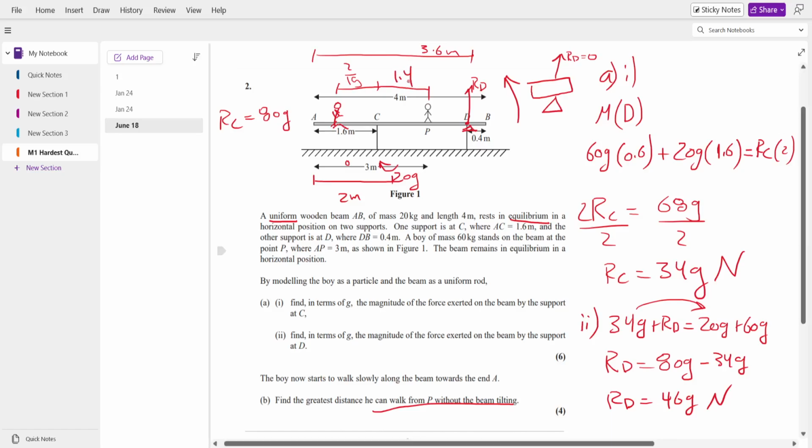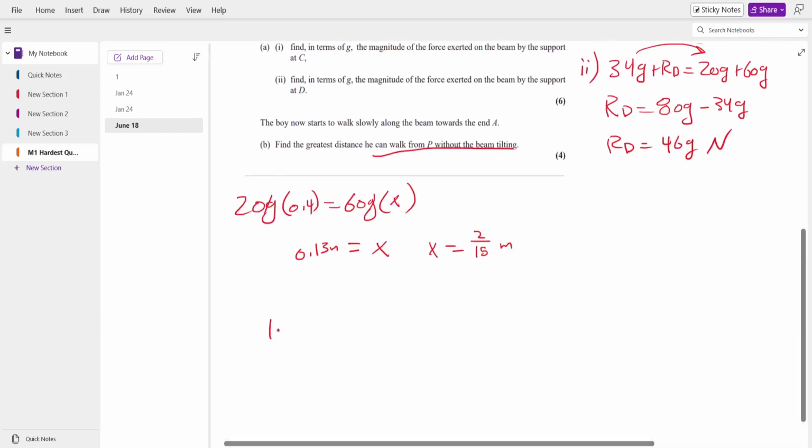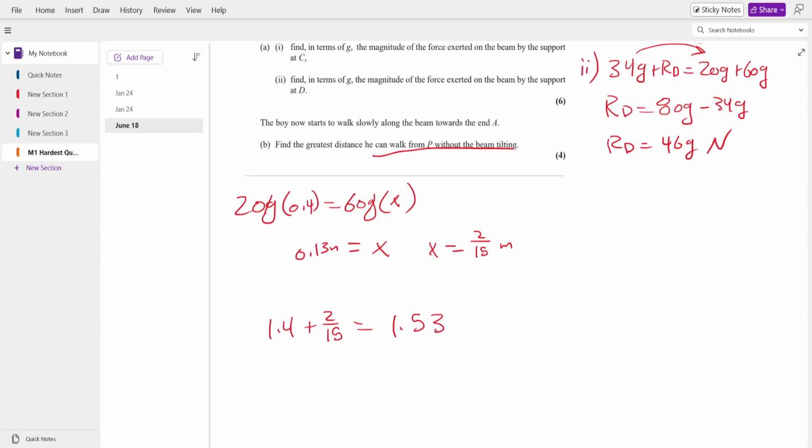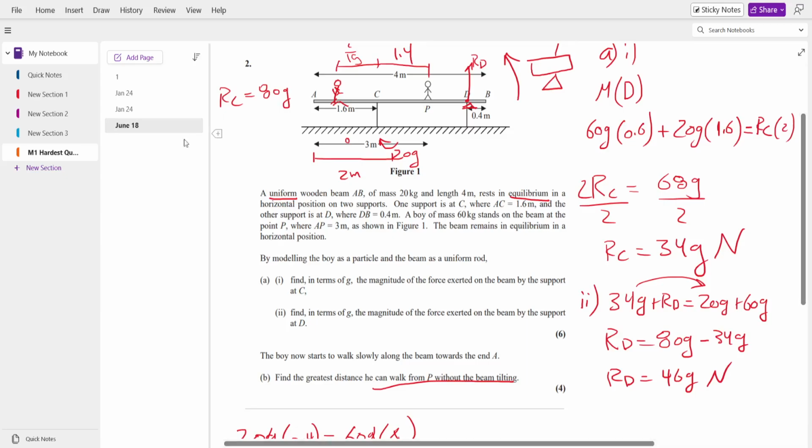So the total distance between the new point where the boy is going to stand and the previous point, which is P, which is basically the distance he walked, is basically 1.4 plus 2 over 15. So 1.4 plus 2 over 15 is going to give me an answer of 1.53 meters, and this is the distance he will move, the greatest distance that he can walk from P without the beam tilting.